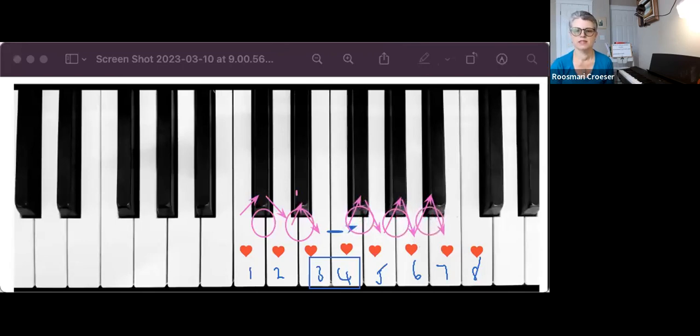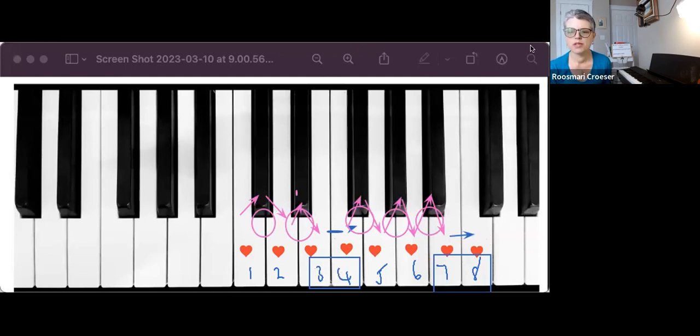But from 7 to 8, I have a half step. In the major scale of C major, we have a half step between 3 and 4 and 7 and 8.